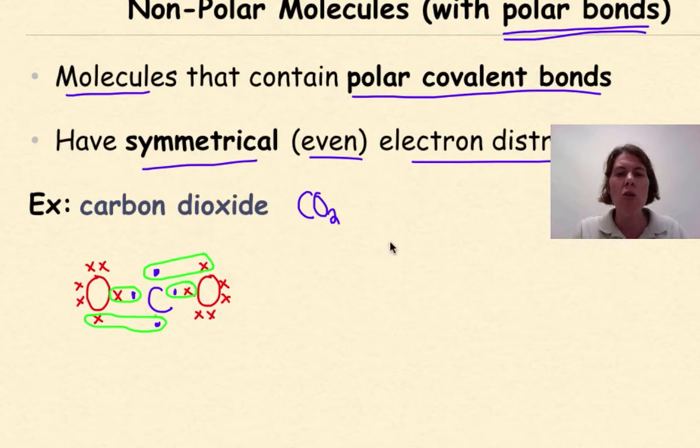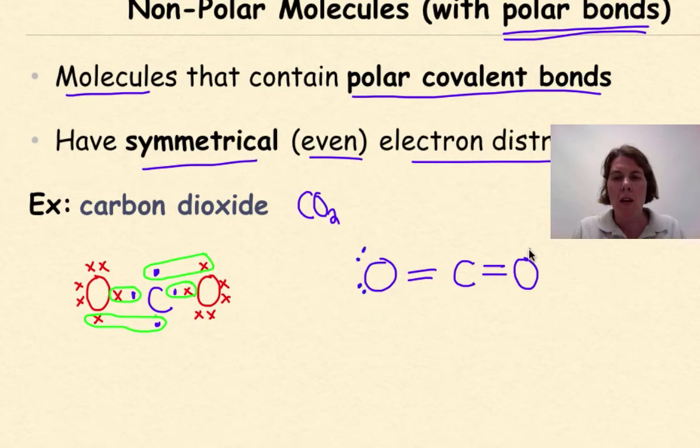So when I do the structural formula of this, I'm just going to have my carbon. Each of those shared pairs is now represented as a line. Put an oxygen over here, another 2 shared pairs, oxygen over here, and then I'm going to have my lone pairs like so. Now I have to talk about electronegativity values because I'm trying to figure out whether the molecule as a whole is polar or nonpolar.